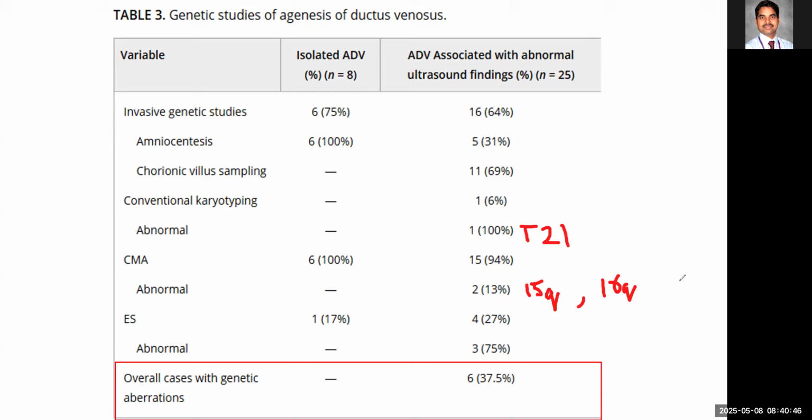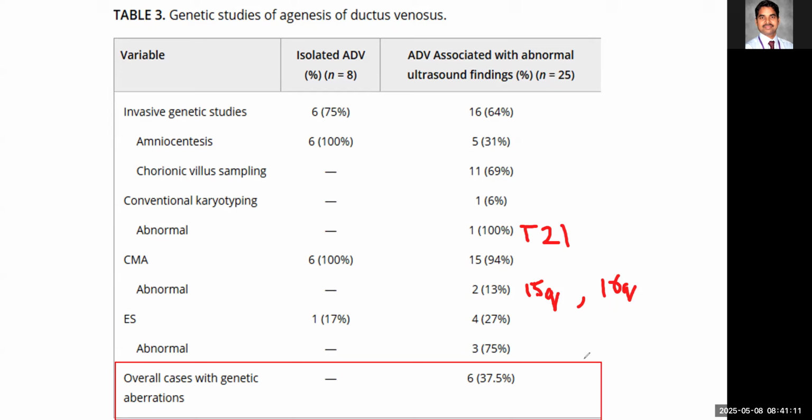So, okay. So in CMA, that 15q region, that is the critical region for Prader-Willi and Angelman, that was deleted heterozygously, isn't it? Yes, sir. And the other one was a 16q microdeletion. Okay.